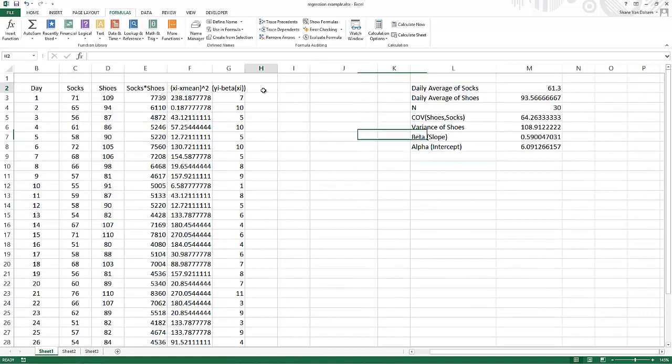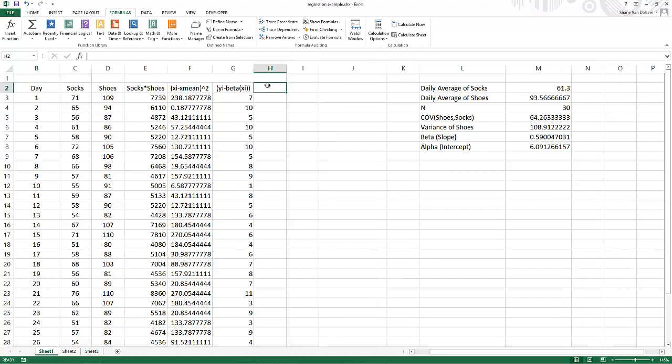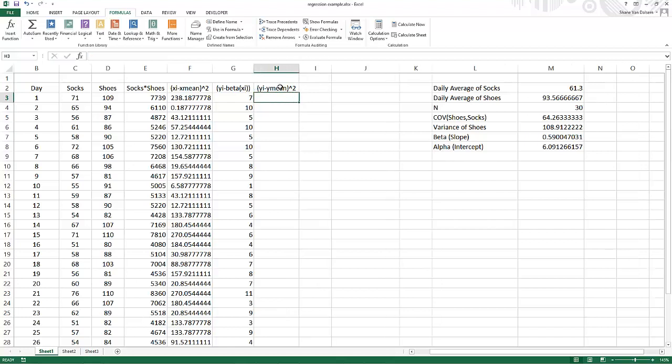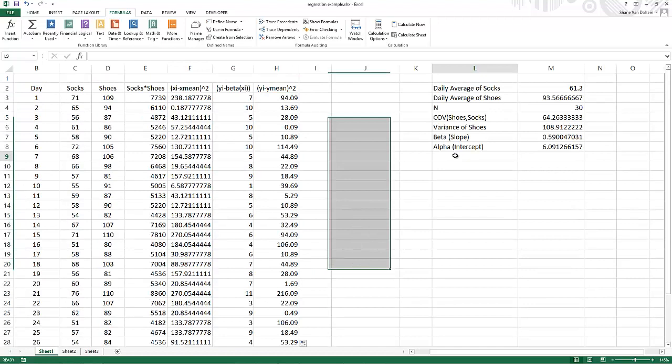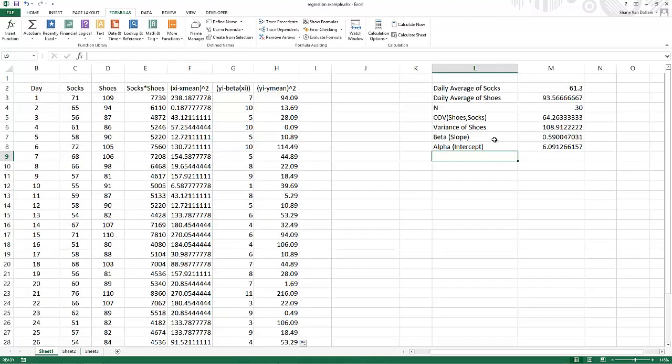So I'm going to start with that. I'm going to name the column here yi minus y mean squared, and then I'm going to pull that down all the way. So my total sum of squares, the reason why you'll see it as SST is just to be consistent with SSR and SSE, which we'll calculate too.